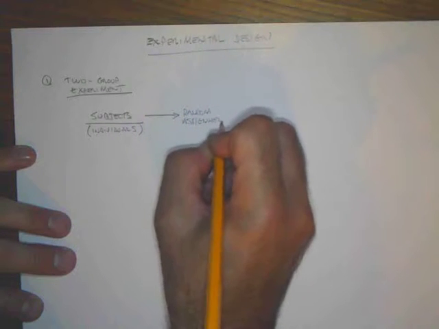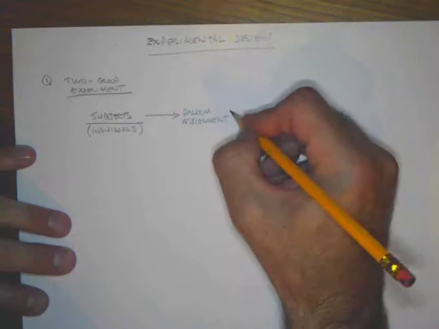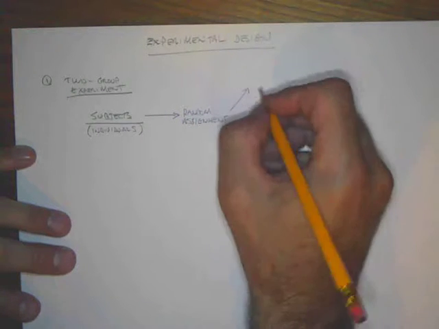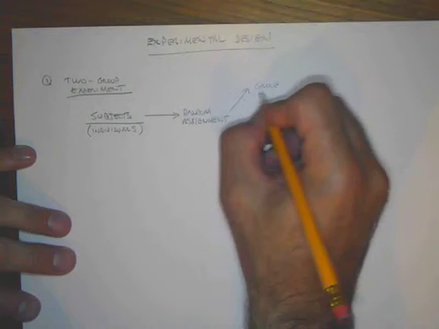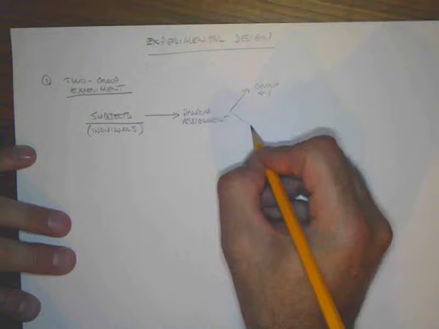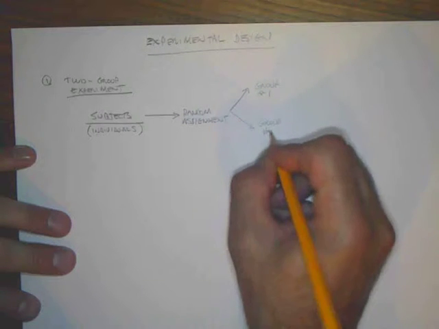For example, we could do random numbers and say if you are an odd number, you go into group number 1, and if you're an even number, you go into group number 2.